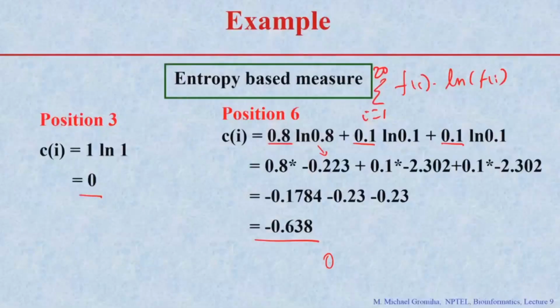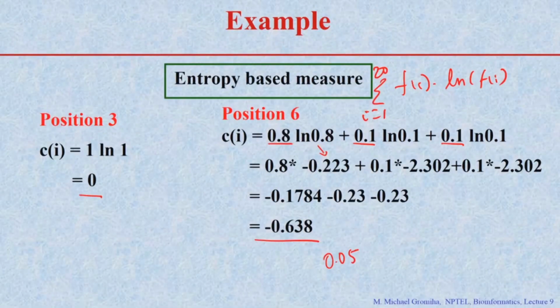If 20 different amino acids are distributed randomly, what will the score be? It is 0.05 for each amino acid, 0.05 into logarithm of 0.05, and we get this 20 times, so it is multiplied by 20.